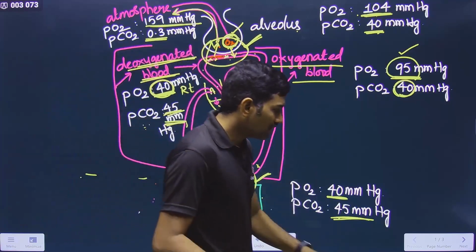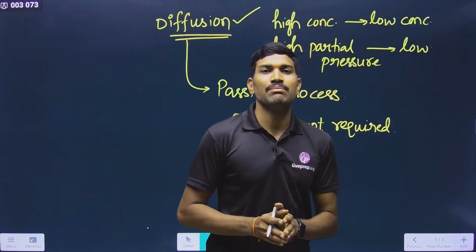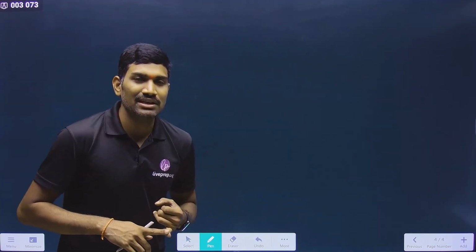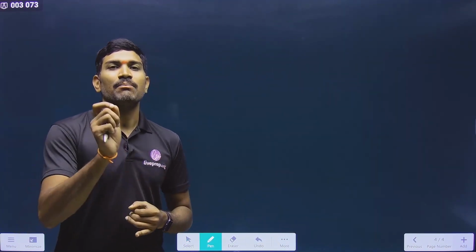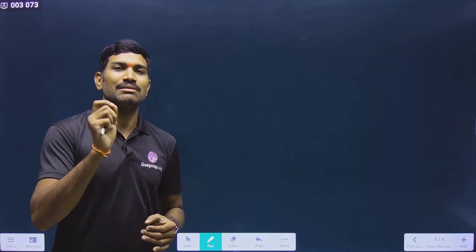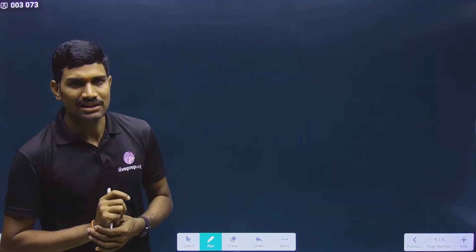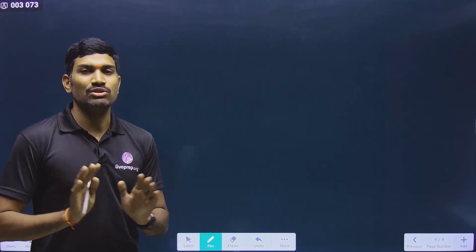So the overall conclusion is that differences in partial pressures are very important for the exchange of gases. So the first one, under the factors affecting the exchange of gases, is partial pressure or the pressure gradient or concentration gradient. This is the concept that you need to understand.